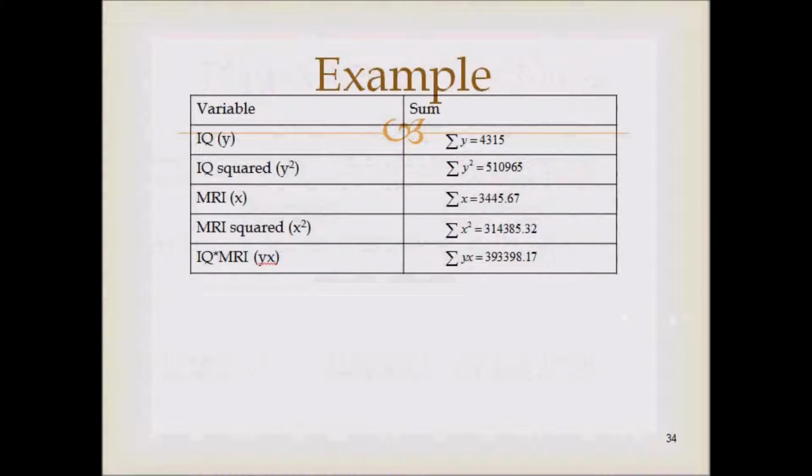So on your worksheet, the ways that you calculated those values were based on the definitional formula for sums of squares. Okay, we took the deviation, we squared it, we took the products, we multiplied it and summed it. Okay, so that's the definitional way to calculate those values. However, we can use the computational method and we can get the same result.